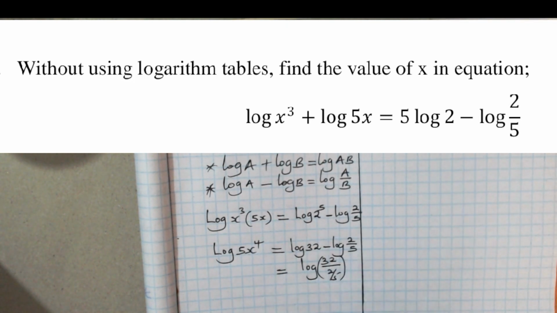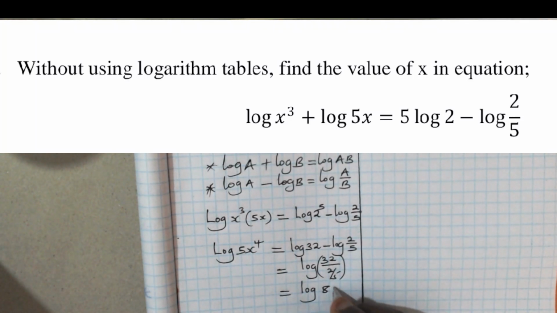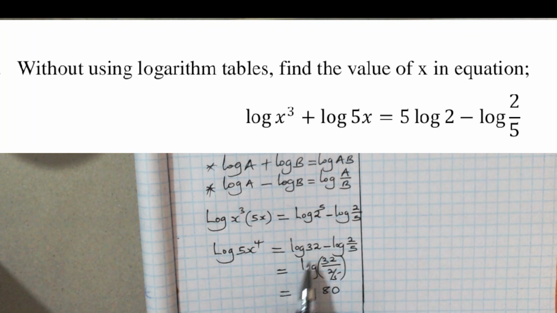That is how you're supposed to express that. So this will be 32 multiplied by 5 divided by 2. When you simplify this, it will give you 80. So that is what you get on the right hand side.